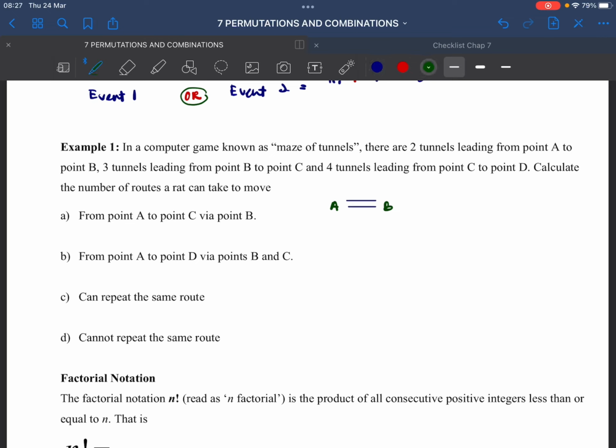And then the question said 3 tunnels leading from point B to point C. So daripada B ke C, kita ada 3 ways pula, or 3 tunnels dekat sini. And the last one dia kata 4 tunnels leading from point C to point D. So to point D pula kita ada 4 tunnels.